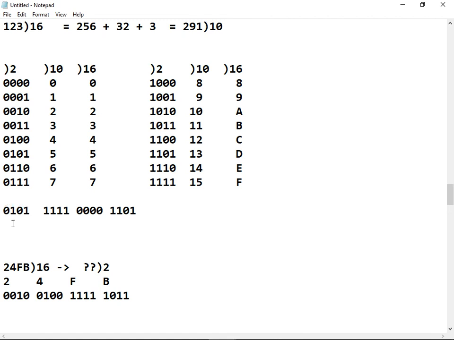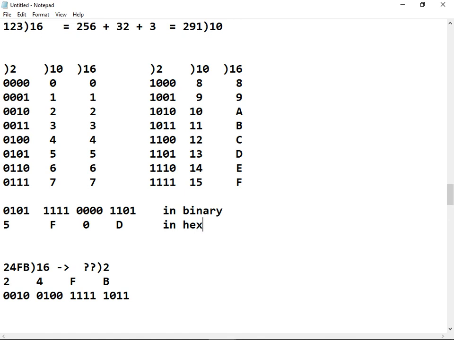What hex digit is it? That's a 5, and then what's next? That's an F. And what's that one? That's a 0. And what's that one? 1101 is a D. Okay. So this in binary is equal to this in hex.